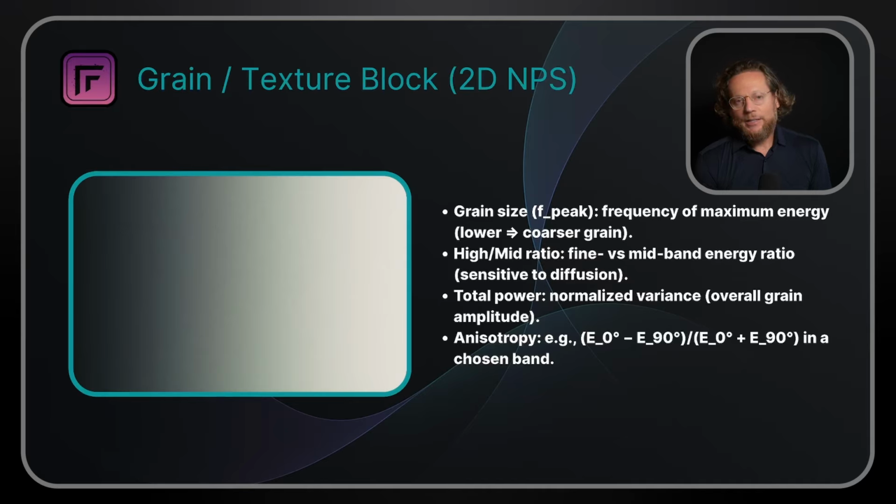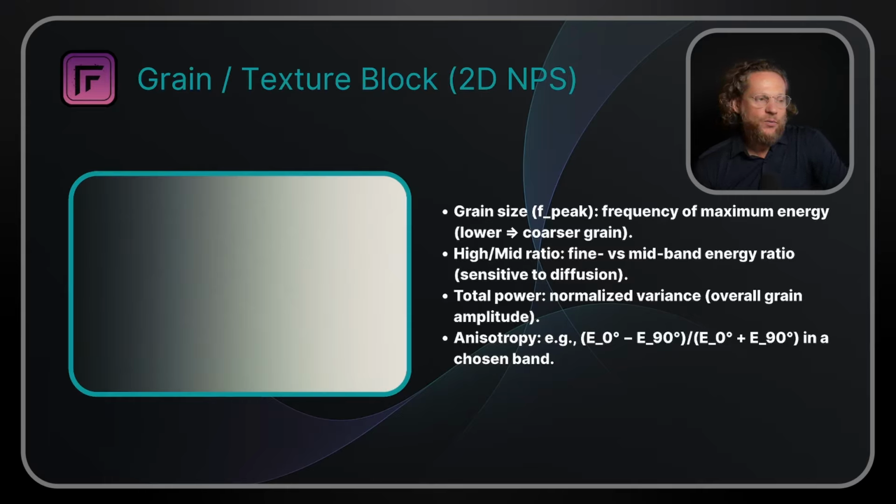What that gives us is that a texture with a lower frequency means it's coarser, grainier, chunkier, and grain with a higher frequency means it's finer. That's the characteristic we normally find when we say, oh, it's 8 millimeter, it's 16 millimeter, it's 35 millimeter. That's primarily what you see change in that f peak value.